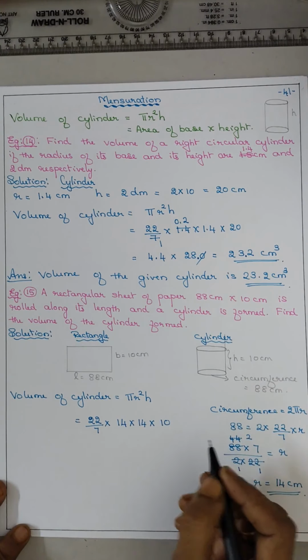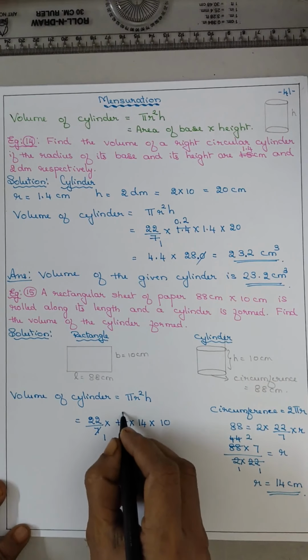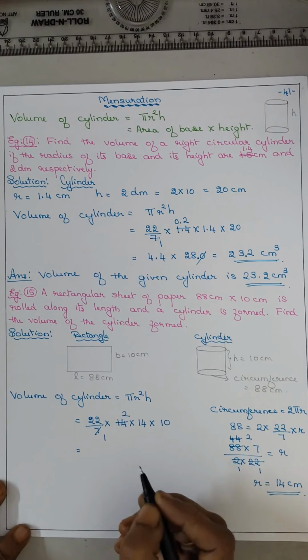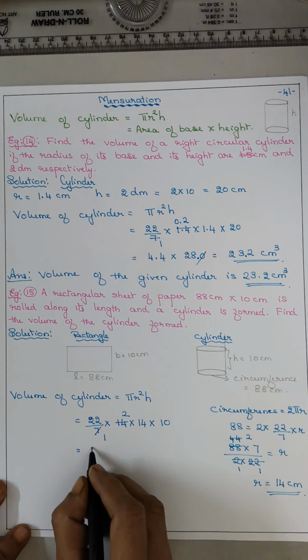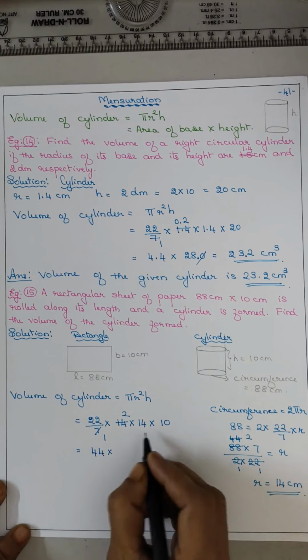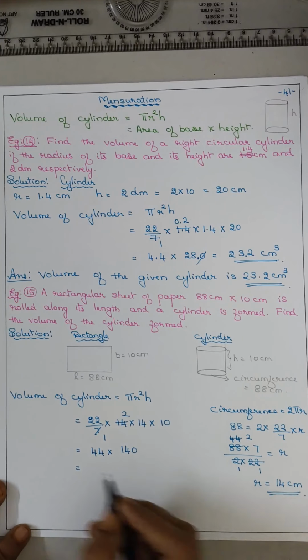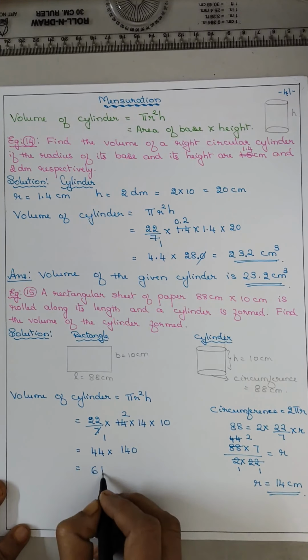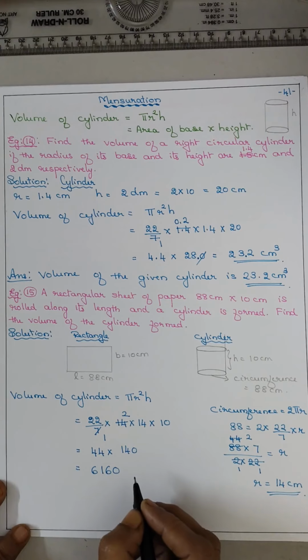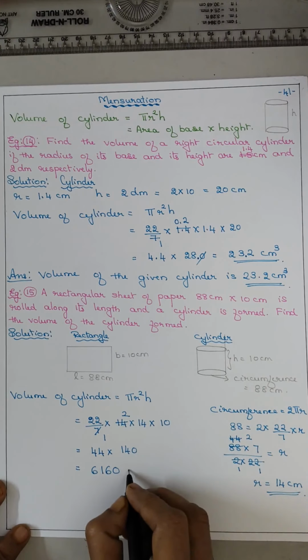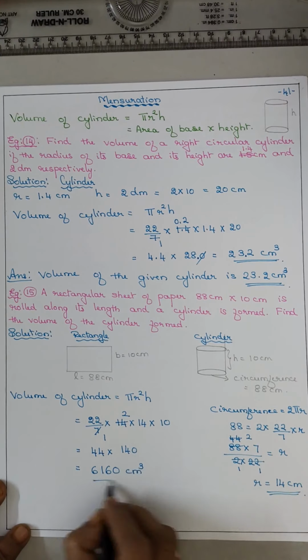10. So 7 1s are 7, 2s are 14. You got 22 4s are 44 into 140. Now when you multiply, you will get 6160 and it is centimeter cube.